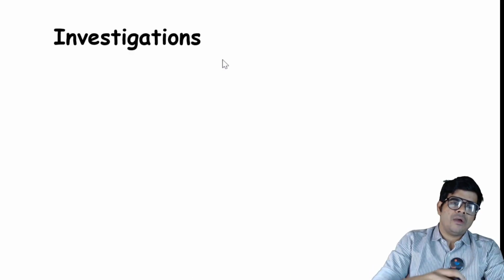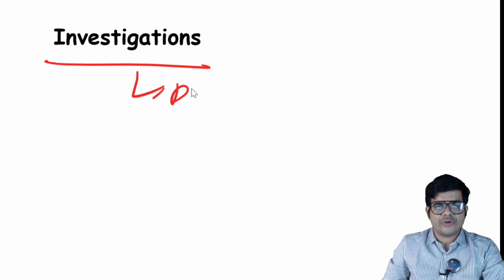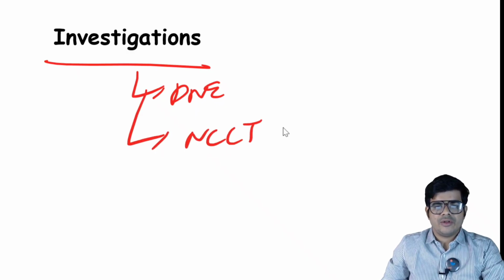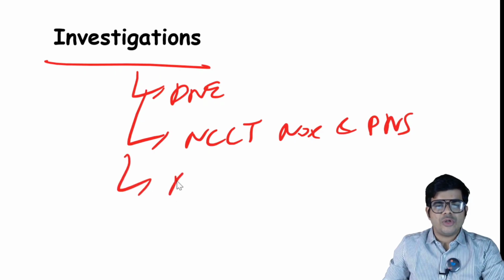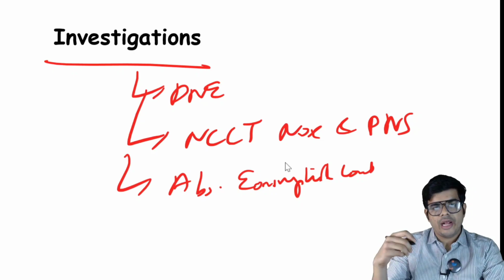So the investigations nowadays being done are, of course, diagnostic nasal endoscopy, then you have to do an NCCT nose and PNS. Absolute eosinophil count may be done, because nowadays the biological treatments are also being introduced.